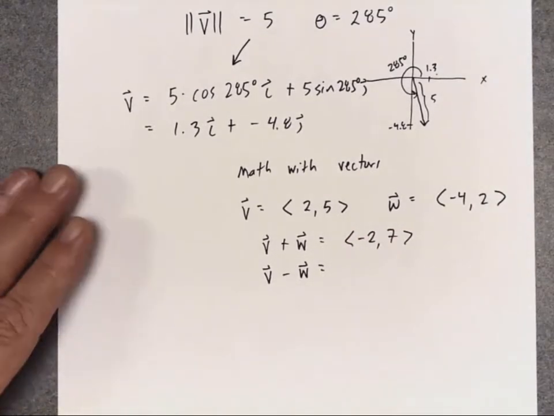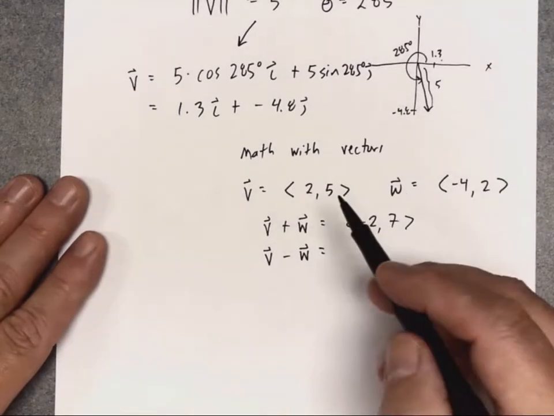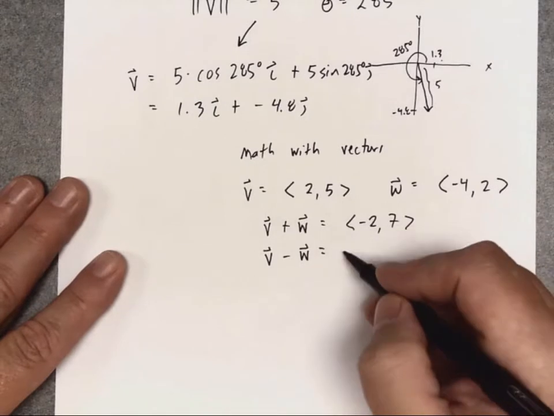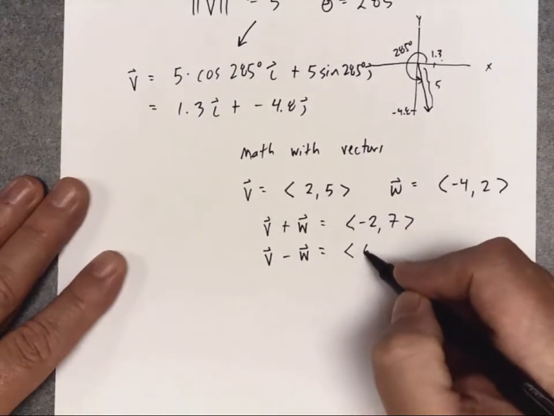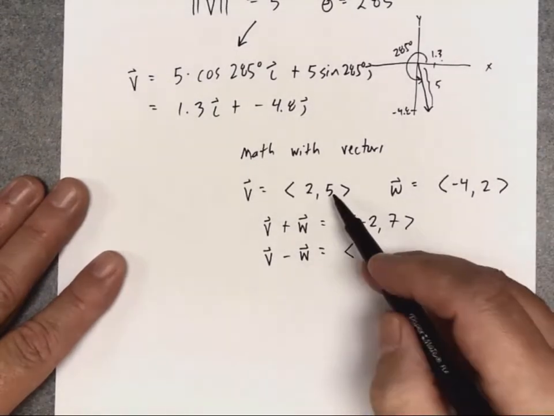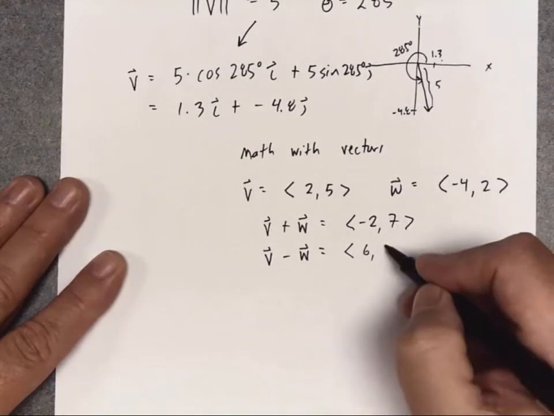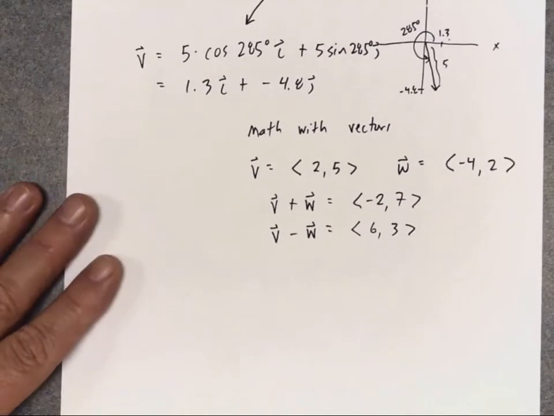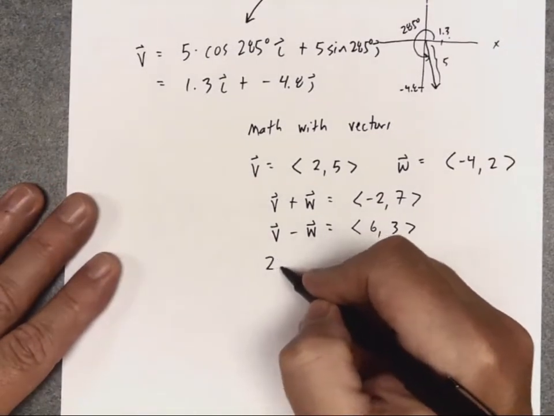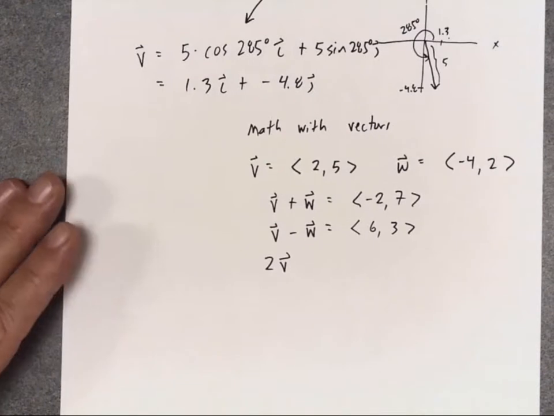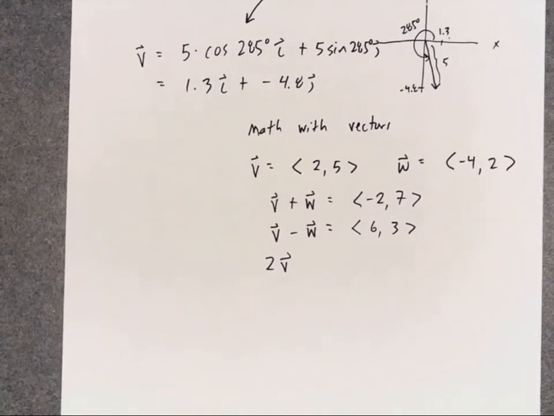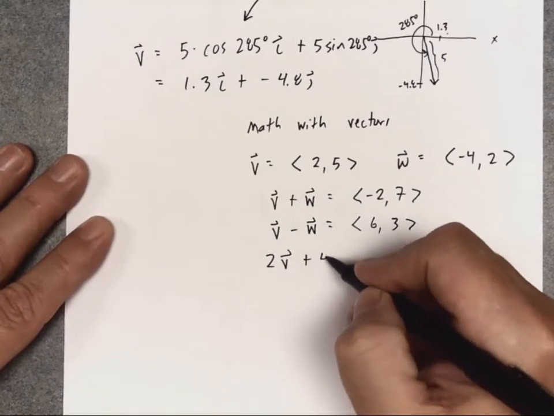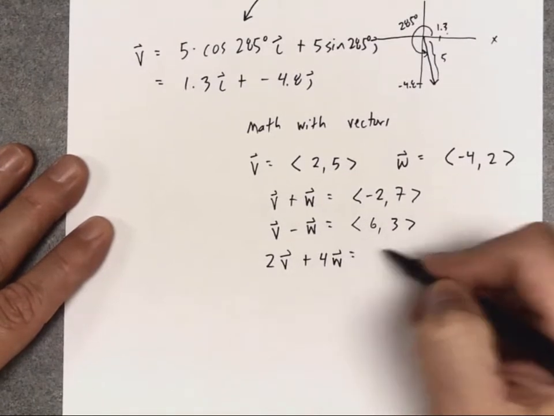We could subtract these two vectors. v minus w, the x part, 2 minus negative 4, which is 2 plus 4, which is 6. And then 5 minus 2 would be 3. And let's do one last thing. We talked about these scalars a while ago, which is like multiplying by a number. 2v plus 4w.